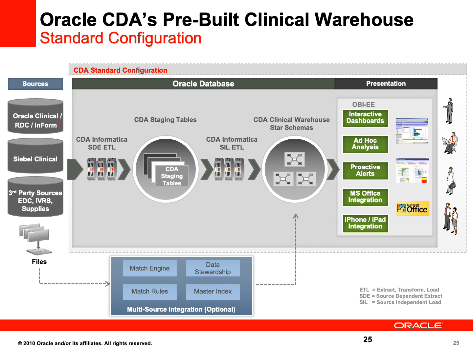The last thing I will mention down here on this slide is the whole idea of multi-source integration. This is an optional component with CDA, and this is really capitalizing on the fact that we brought in some technology through the Sun Microsystems acquisition, and it actually brought in some good data matching capabilities and a little bit of data stewardship.